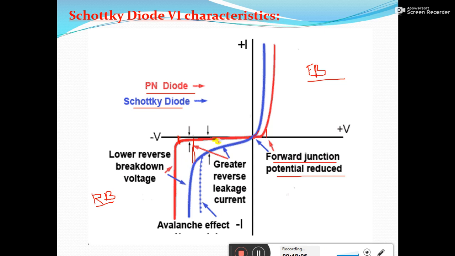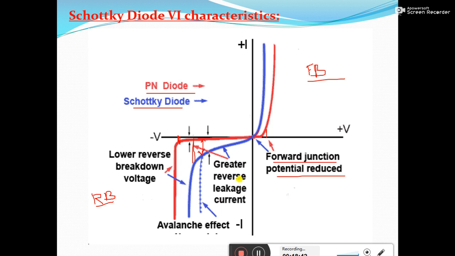In a normal PN junction diode, the reverse leakage current will be very small, but with the Schottky diode, you will get a large reverse leakage current. These are the differences in their characteristics when you compare with the PN junction diode. One, the cut-in voltage is reduced. Another, the breakdown is achieved at an earlier stage. And another, with the Schottky diode, I can have a large reverse leakage current.